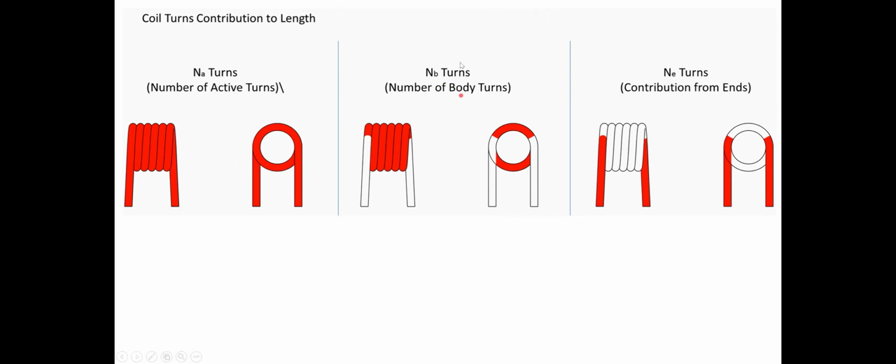And in this case, MB, the number of body turns, does not count the two legs. The turns of the two legs are taken into account by the NE, which is the end turn.